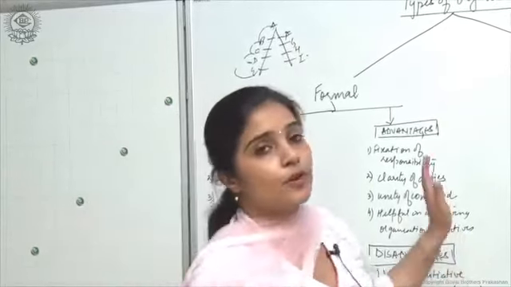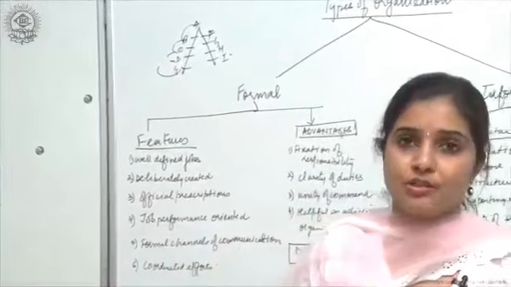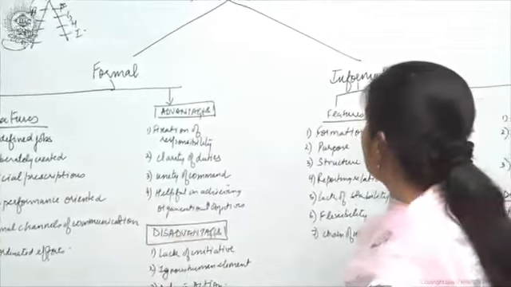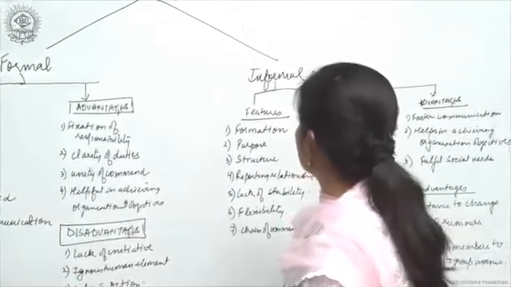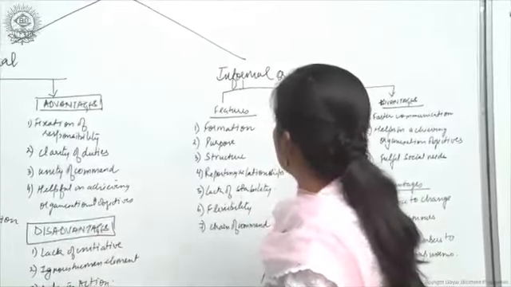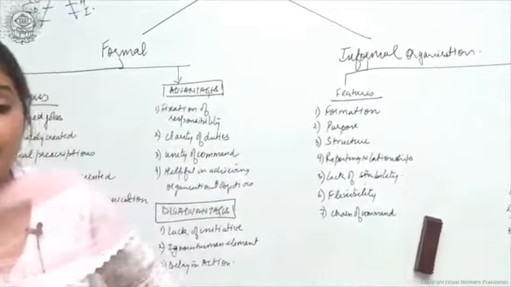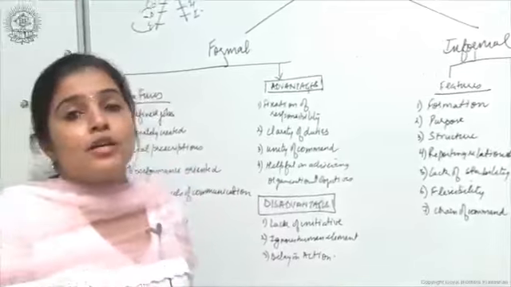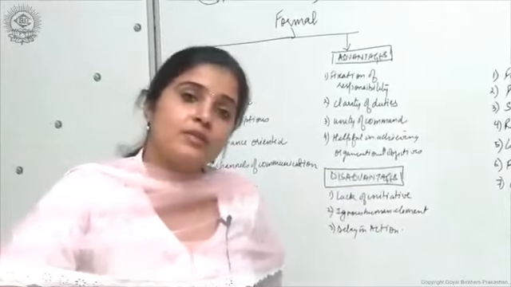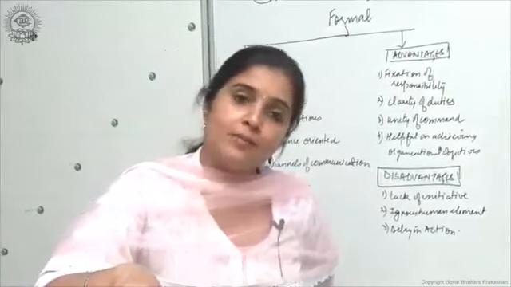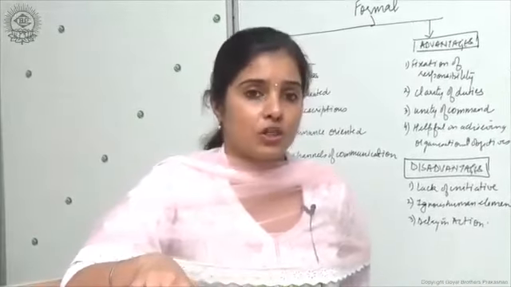Now coming to within the formal organization, right? Within this formal organization itself, an informal organization gets formed. Now informal organization is nothing else but it develops on its own within a formal organization.